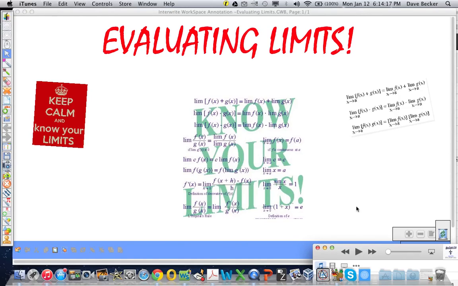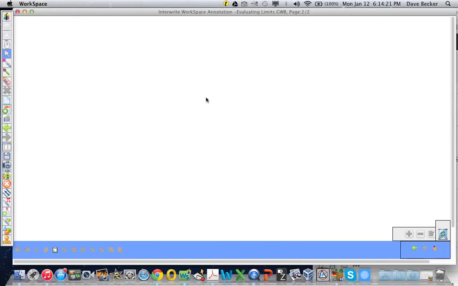Let's evaluate some limits. We've done some investigation of limits. Now we're going to do these by hand with a little bit of algebra, okay? So let's say I ask you to find the limit as x approaches 2 of 2x. Well, that's very simple.